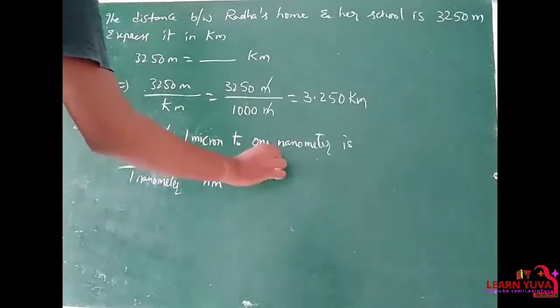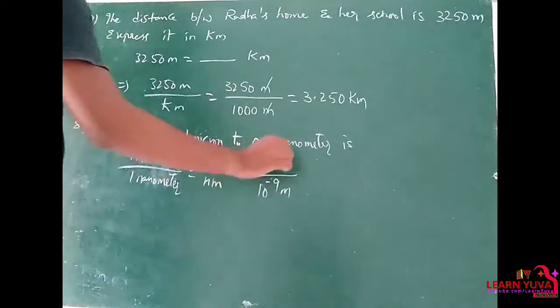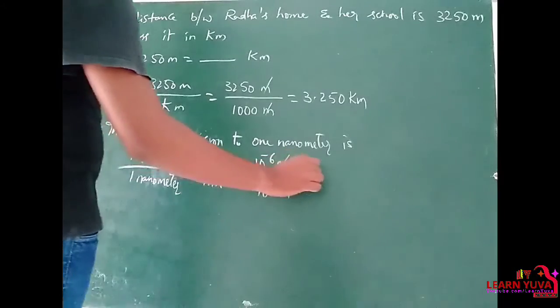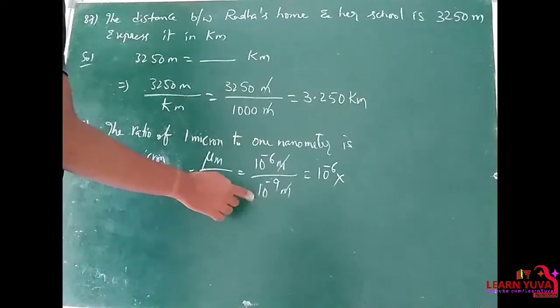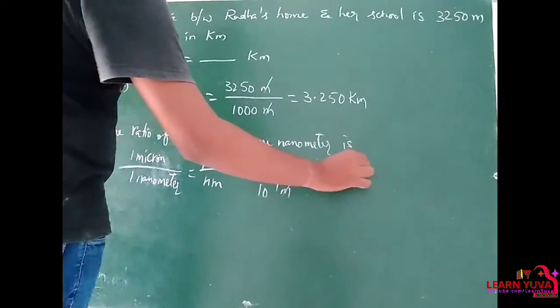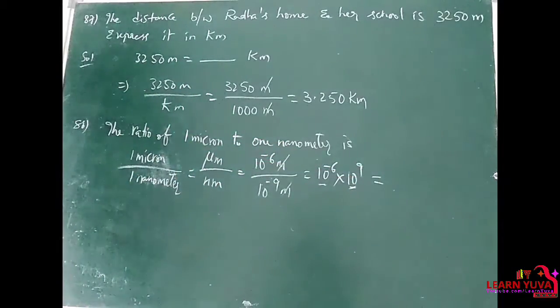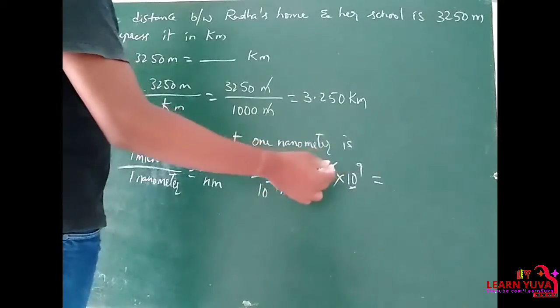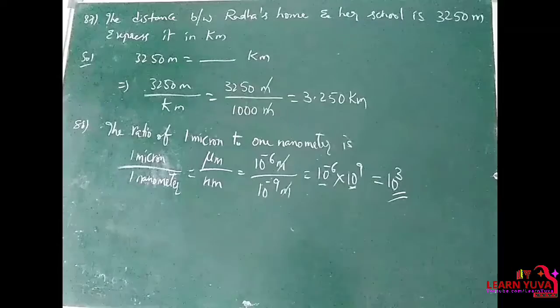Micro value 10 power minus 6 meter by nanometer 10 power minus 9 meter. Meter gets cancelled. So 10 power minus 6 into, here in denominator it is 10 power minus 9. If it comes to the numerator it becomes 10 power plus 9. When the bases are same, power should be added. 10 power minus 6, 10 power 9 minus 6, 3. So the ratio of micron and nanometer is 10 power 3.